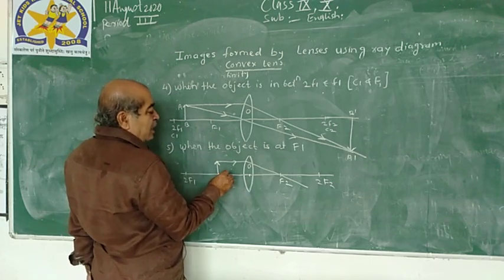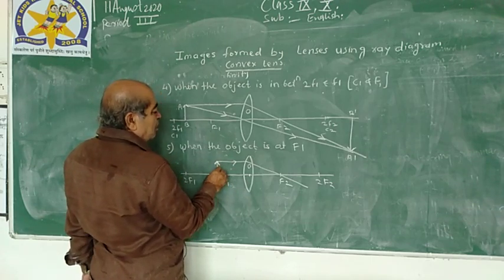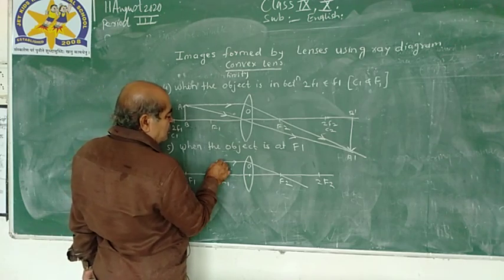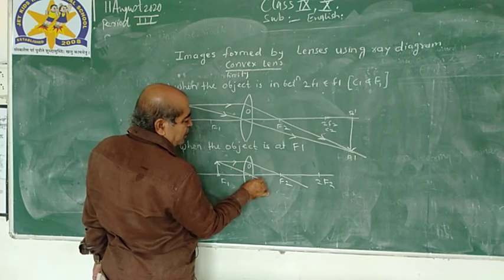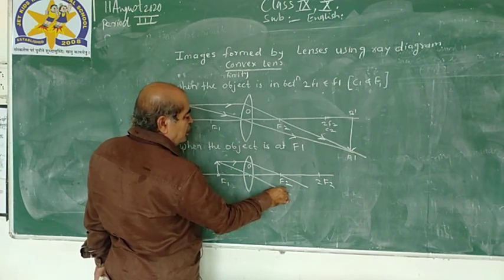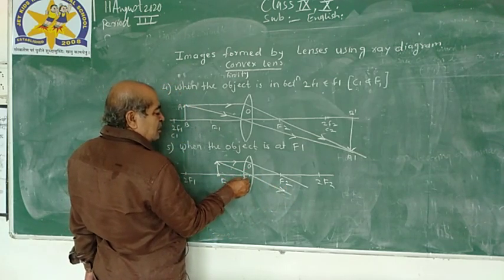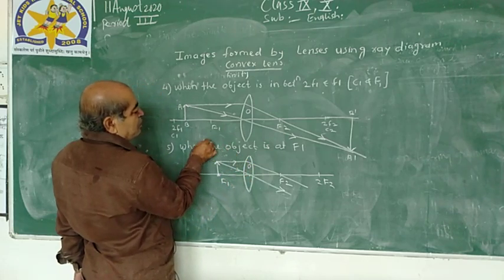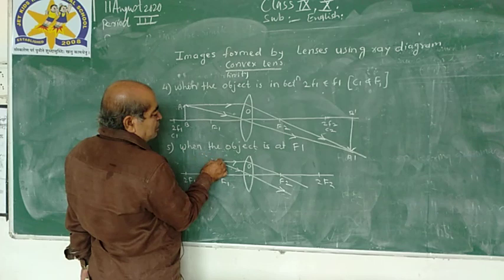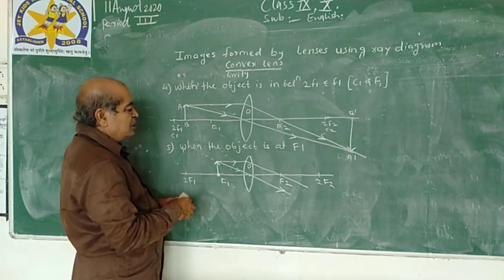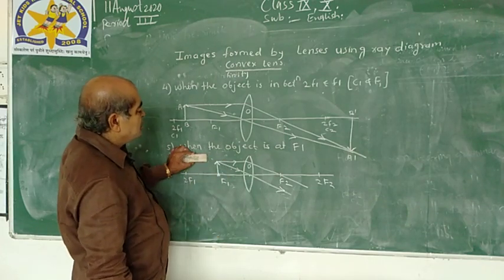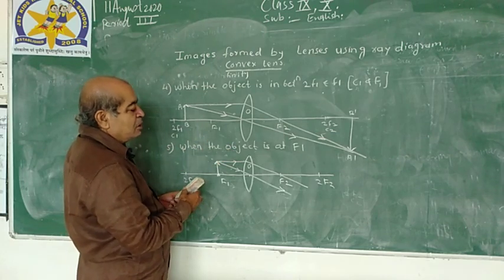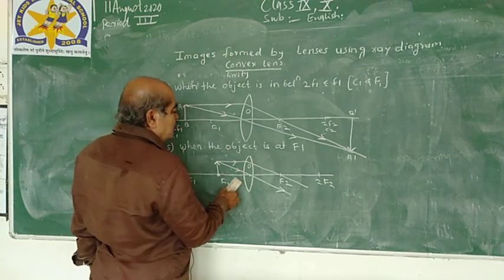In that case, when the object is at F1, the ray of light passing through the optic center emerges without any deviation, and in this case the image is formed at the principal focus on the other side.